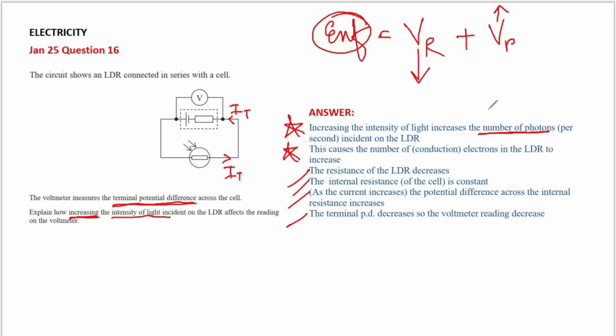Increasing the intensity increases the number of photons, and you should know this from your nature of light lecture as well, right? The difference between wave theory and particle theory, right? And if the number of photons increases, this causes the number of conduction electrons in the LDR to increase. So this is the concept related to conduction band and valence band. I think you have covered this for your exam tomorrow.